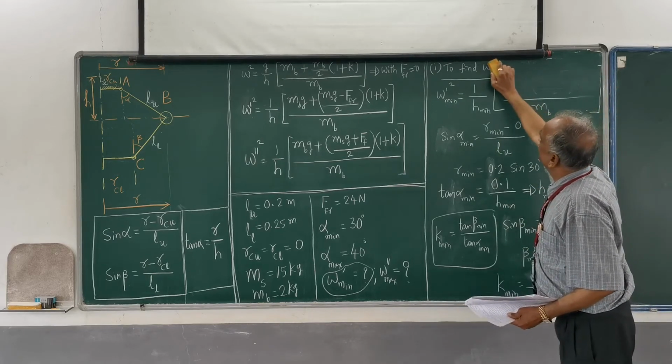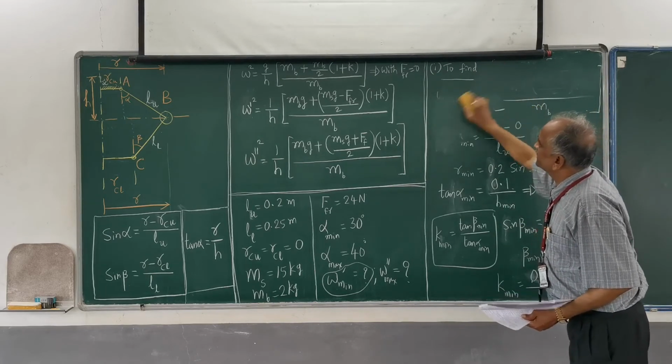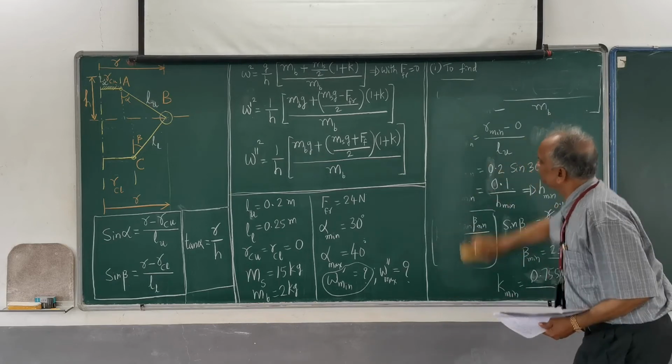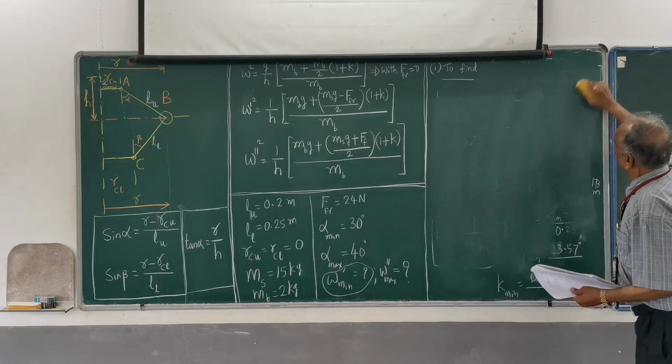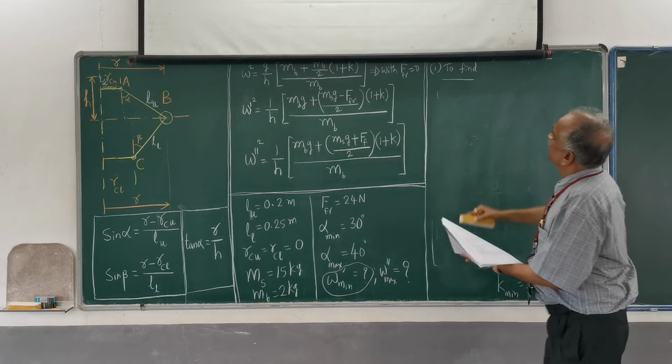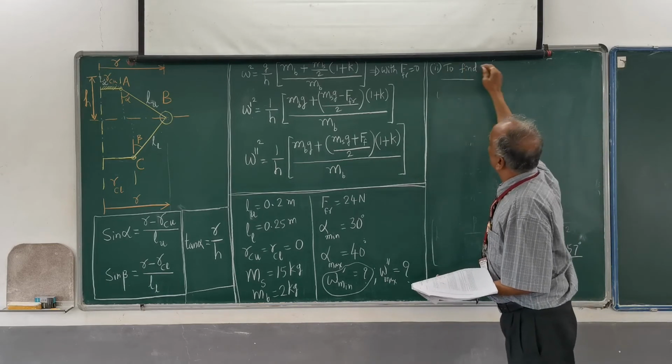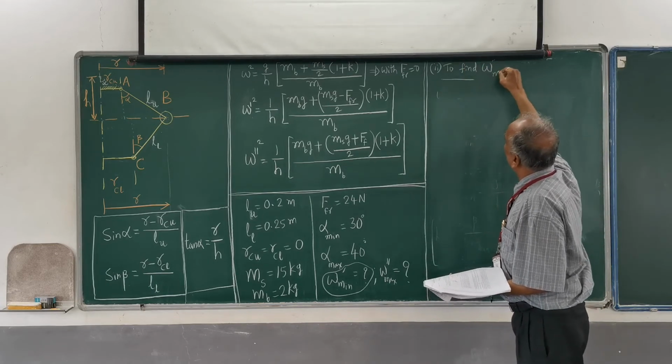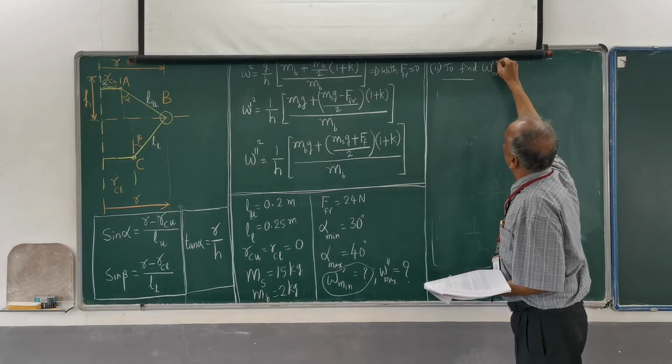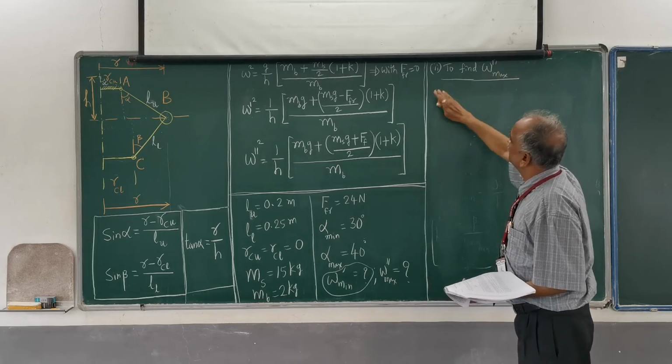Now, how to find out the second one, omega maximum double dash? What will be the formula?